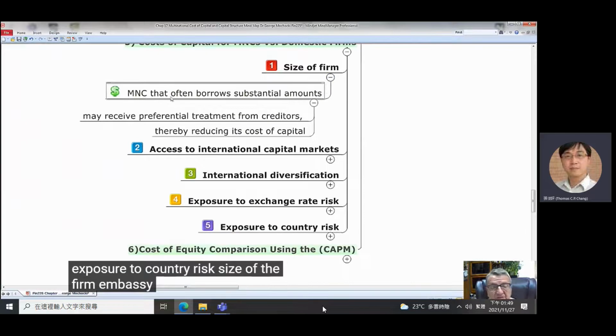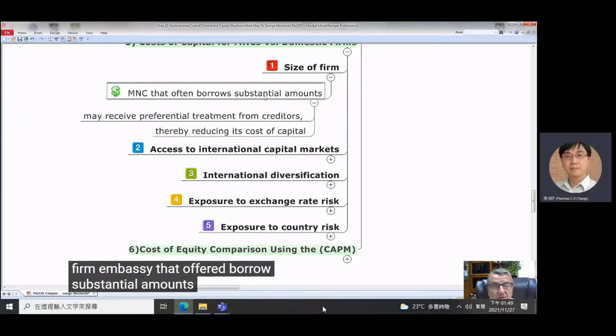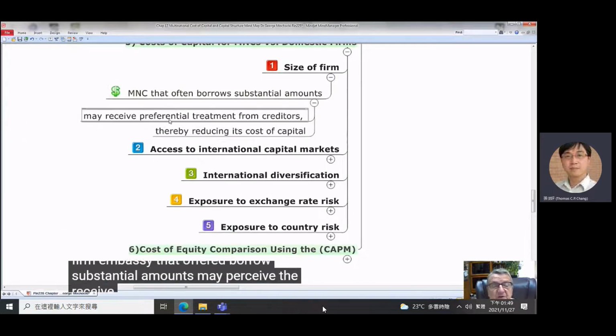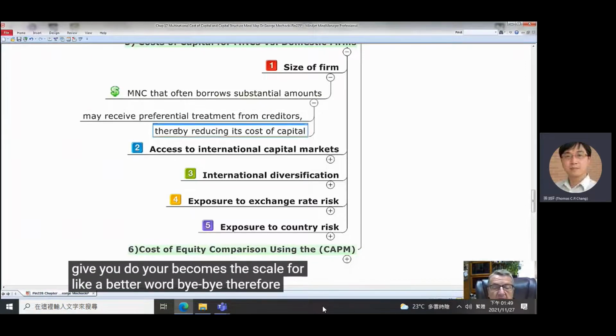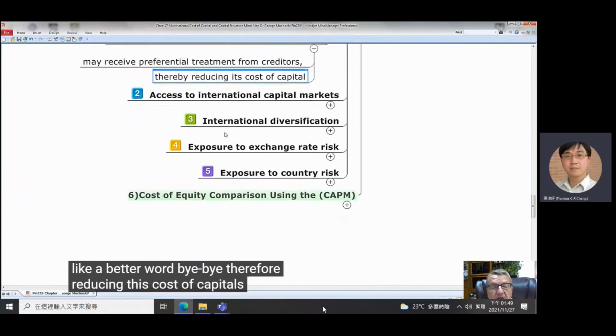Size of the firm. MNCs that borrow substantial amounts may receive preferential treatment from creditors, because larger amounts mean they want you to come back, so they give you a deal, economies of scale for lack of a better word, thereby reducing its cost of capital.